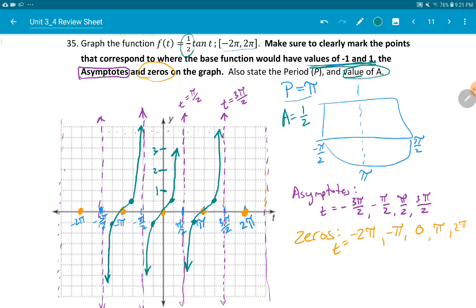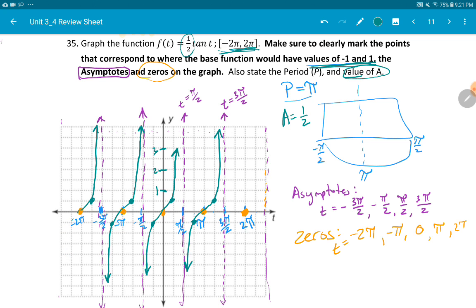Halfway between the 0 and the asymptote. Now remember, on the far left, we only have half the period, so we're going to go from the 0 to the asymptote on the right side, but on the left side, we're actually not going to graph. Remember, it's there, but since our interval is going from -2 pi to 2 pi, we're not going to include that part of the graph.